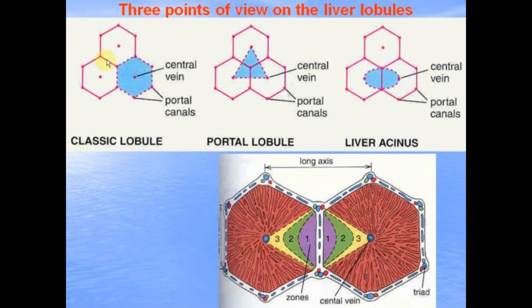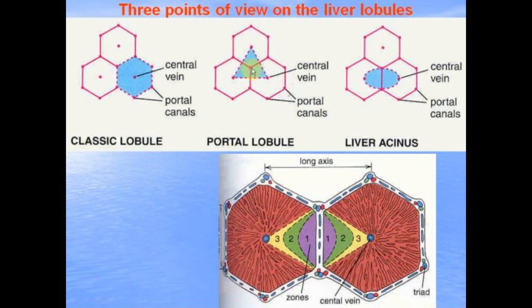The liver consists of six-angled pyramids with central veins in the center of the classic lobule. Another point of view is that the liver consists of portal lobules, three-angled, connected to the central veins of classic lobules, with an interlobular duct in the middle.